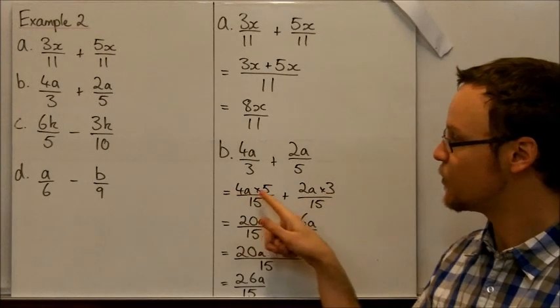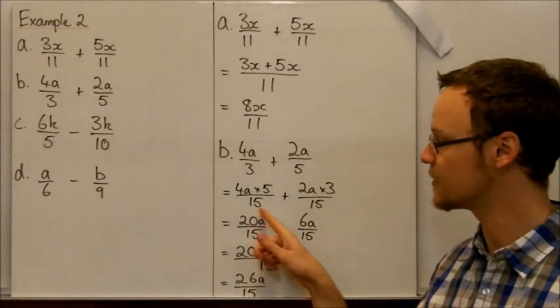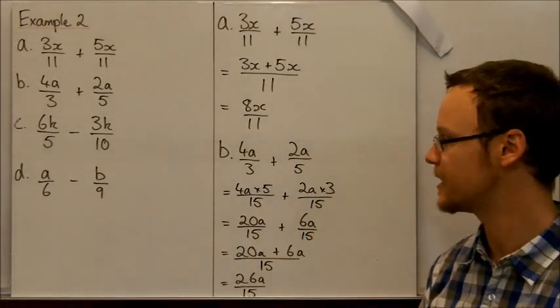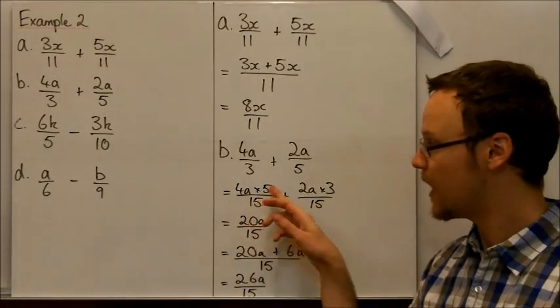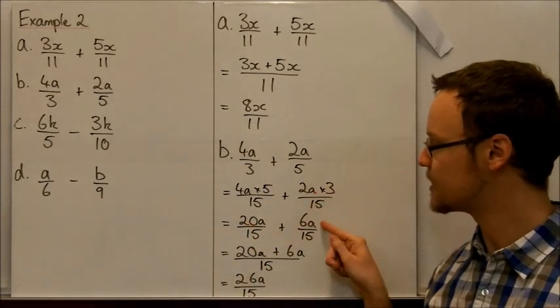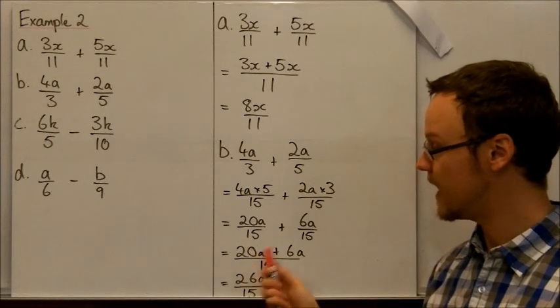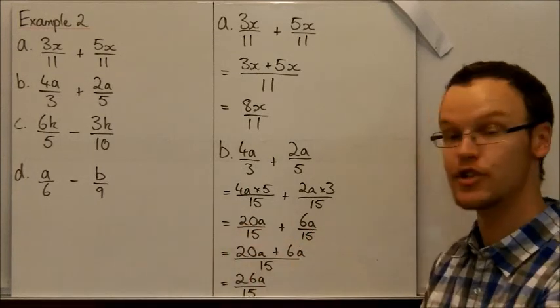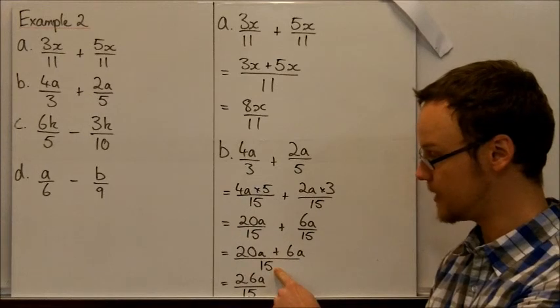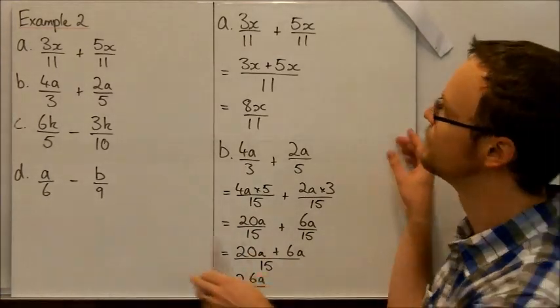So here 4a times 5 over 15, and here 2a times 3 over 15, and then we'll have the same denominator. 4a times 5 is 20a over 15, and 2a times 3 is 6a over 15. Now we can add the numerators with our common denominator. 20a plus 6a is 26a.